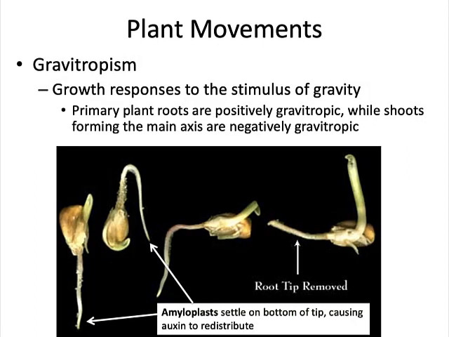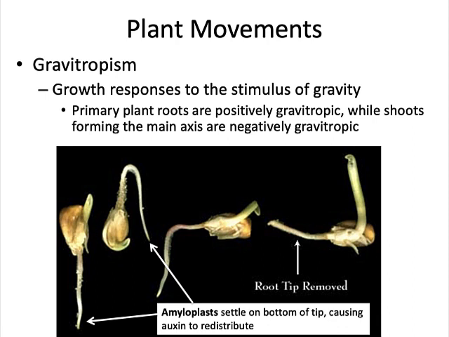Our next tropism is gravitropism, and this is response to gravity. Now, growth responses to the stimulus of gravity can be either positively gravitropic or negatively gravitropic. In general, primary plant roots are positively gravitropic, while shoot systems are negatively gravitropic.